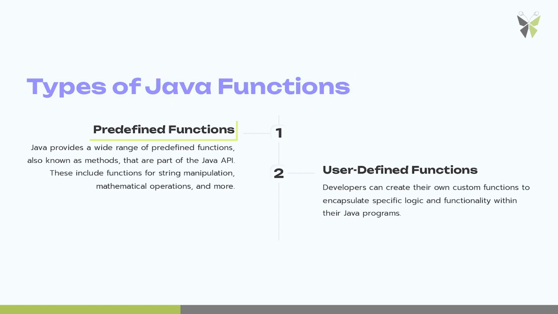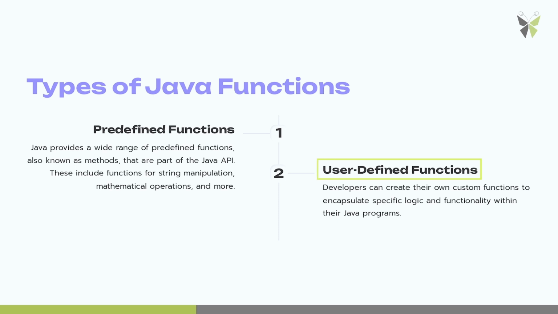So there are predefined functions when I categorize my types of functions. Java provides a wide range of predefined functions, also known as methods, that are part of the Java API itself. This includes the functions for your string manipulations, your mathematical operations, and more. But other than that, if I want to repeat a particular task, I want it to be repeated on the go, I can club the statements of all these tasks into one single function, and that will become my user-defined function.